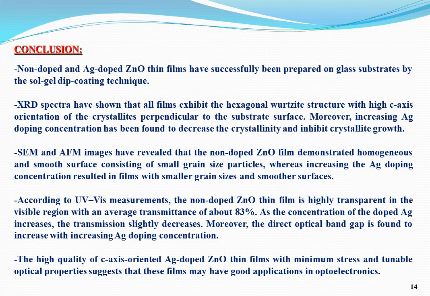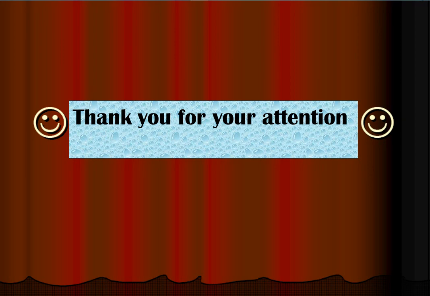The high quality of c-axis oriented silver doped zinc oxide thin films with minimal stress and tunable optical properties suggests that these films may have good applications in optoelectronics. Thank you for your attention.